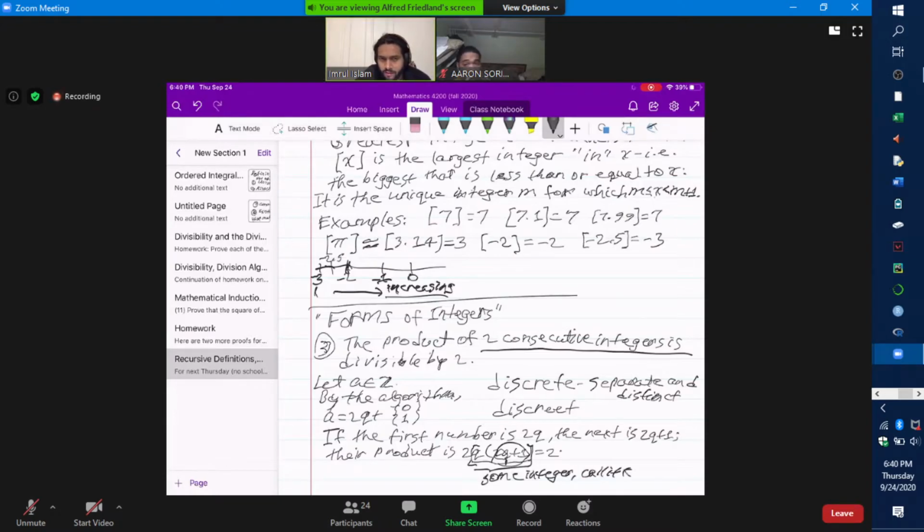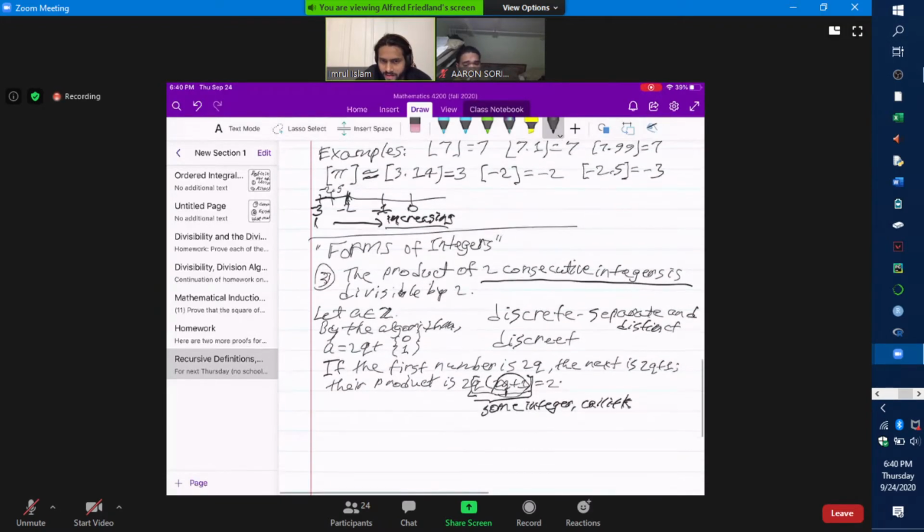Dr. Friedland, can you clarify what is that you wrote? Their product is, yeah, the product is 2q, that's the first one, times 2q plus 1. That would be the next one, right? What's the definition of two consecutive integers? If the first one is n, by definition, the second one is n plus 1, right?